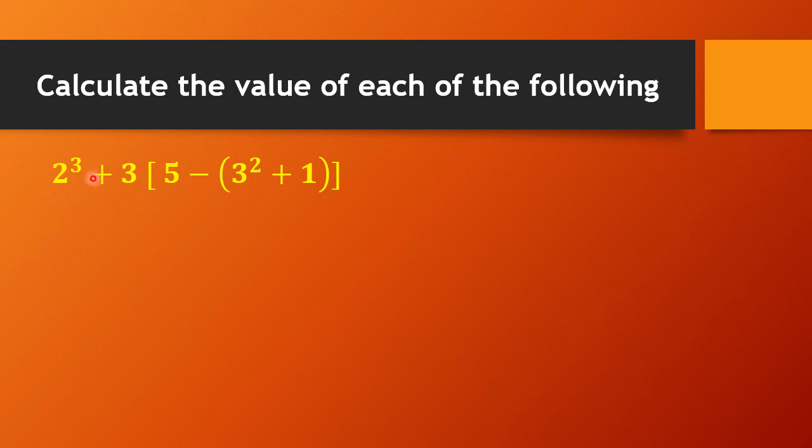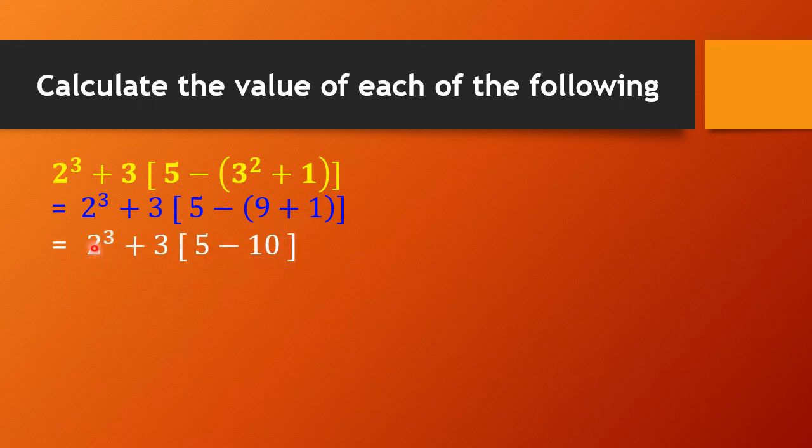2 power 3 plus 3 times 5 minus 3 power 2 plus 1. We will perform the operations inside the brackets first. 3 power 2 is 9, plus 1. So we will perform the operation inside this bracket. 9 plus 1 equals 10.